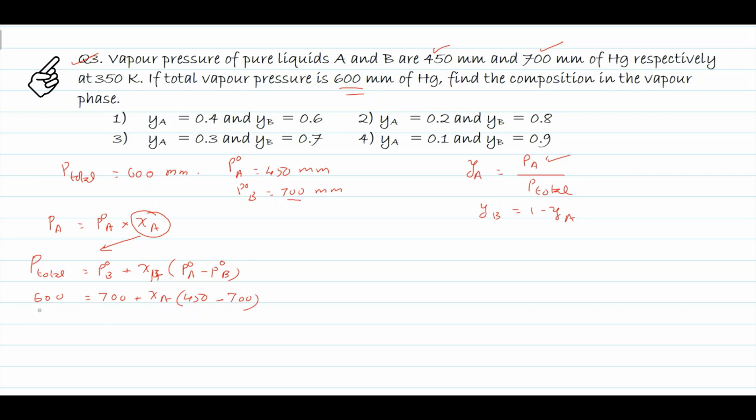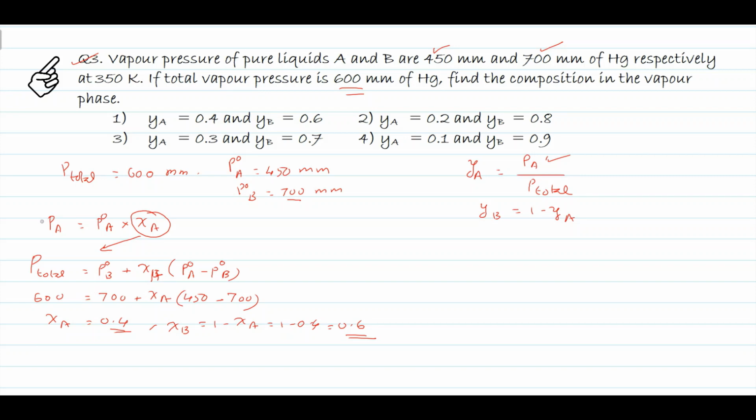On solving we get Xa equal to 0.4. So you can calculate Xb using the equation 1 minus Xa, which is 1 minus 0.4, equal to 0.6. So we have Xa value 0.4, Xb value 0.6.